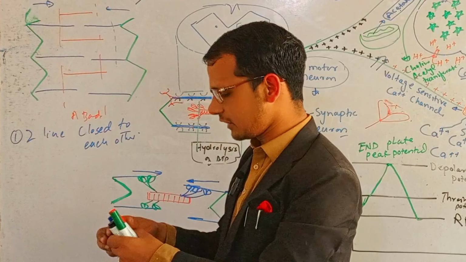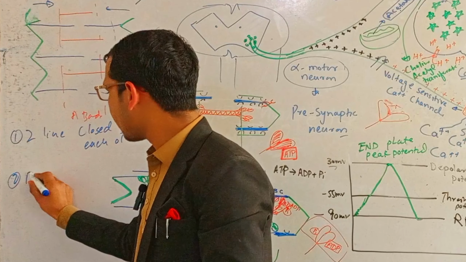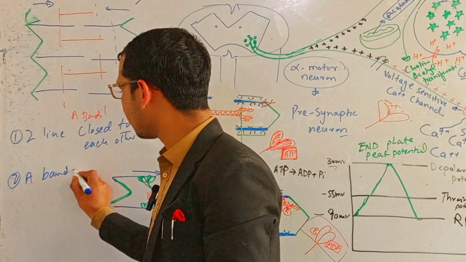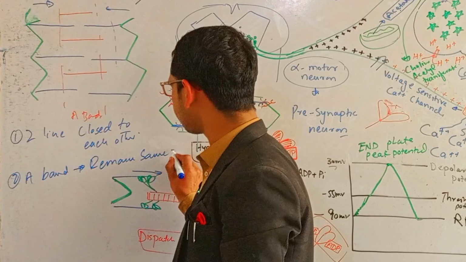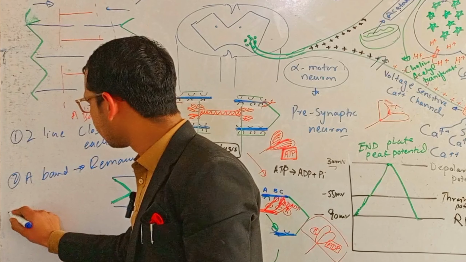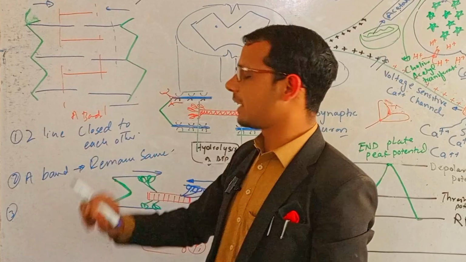So the next thing is, number 1, the Z lines will come close to each other. Number 2, the A band remains the same. Number 3, what happens to the I band?